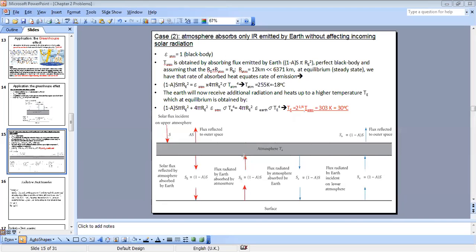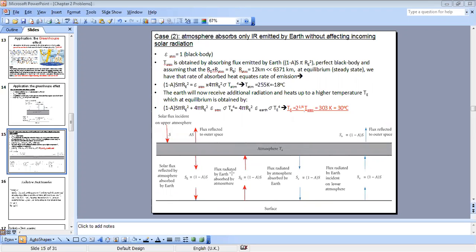They will become infrared. And once they are in the infrared zone, due to the greenhouse effects, these gases will block the transmission back to the outer space of the flux emitted by the Earth. So what will happen then is that the atmosphere now will absorb this flux and will radiate it back to the Earth.